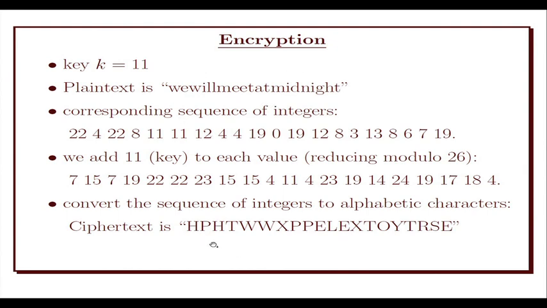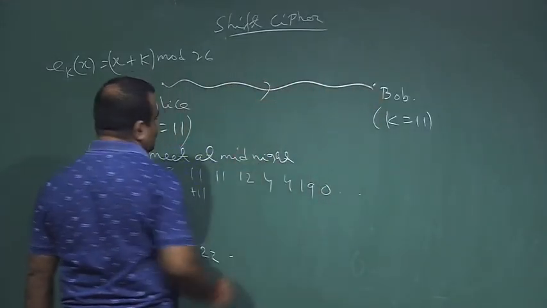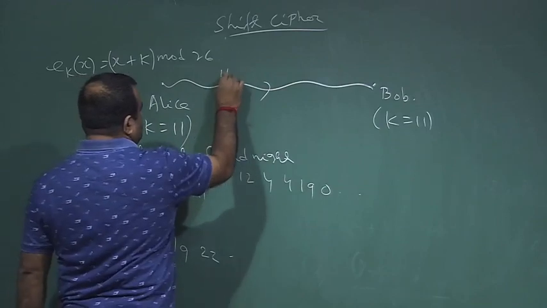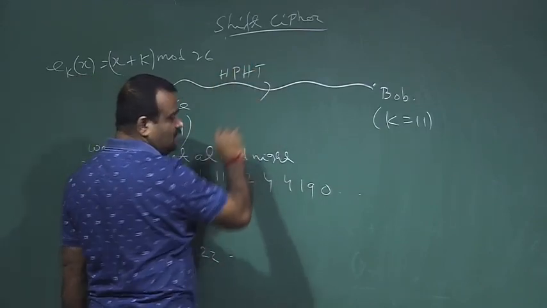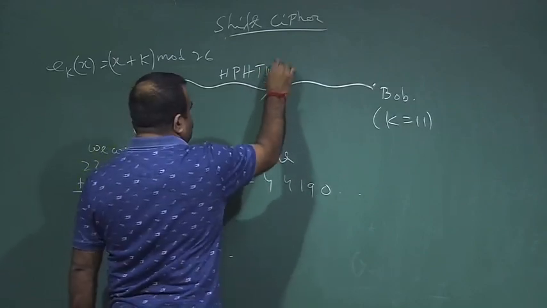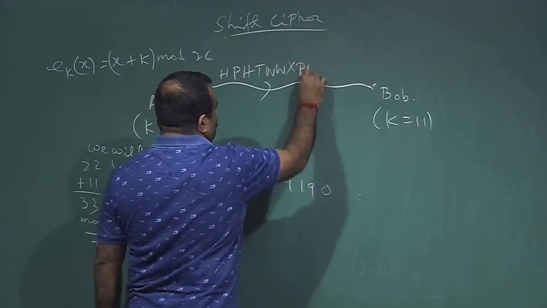This ciphertext is sent by Alice to Bob over the public channel. This is H, P, H, T, W, W, X, P, P like this.